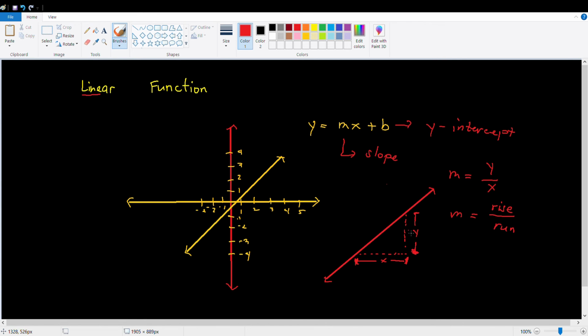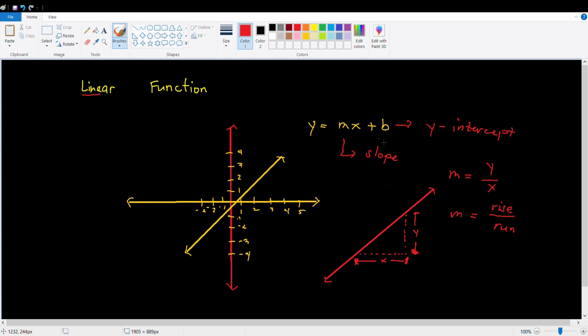Rise, so we are talking about y, and run, we are talking about x. Now that you have understood the concept of slope, I'm going to discuss the y-intercept.